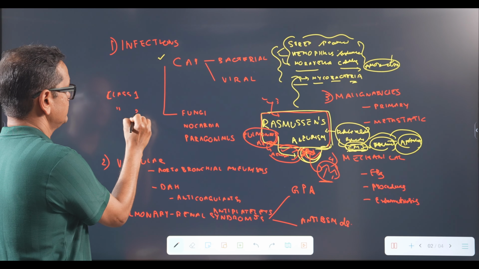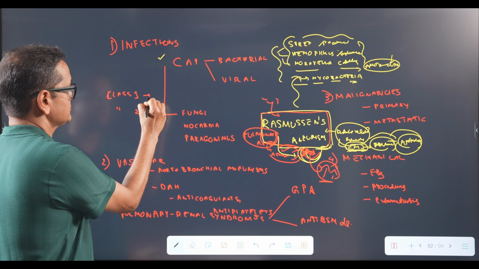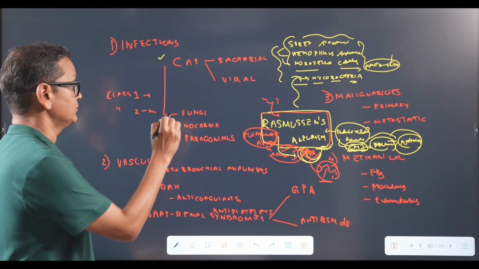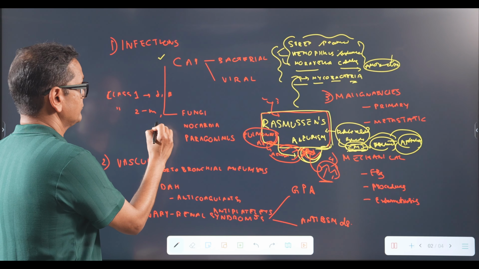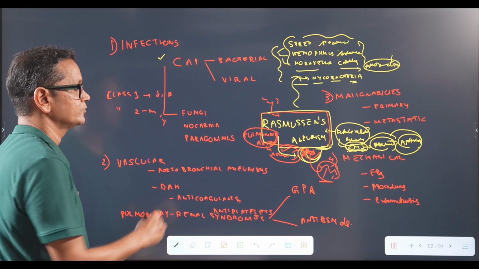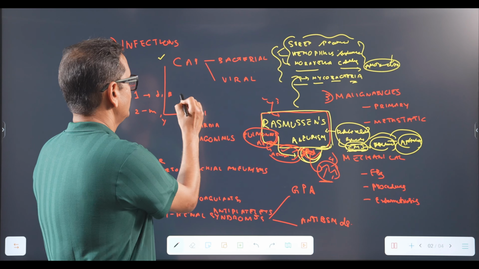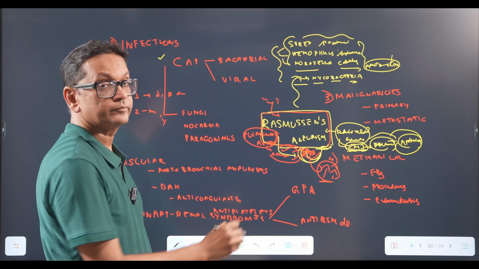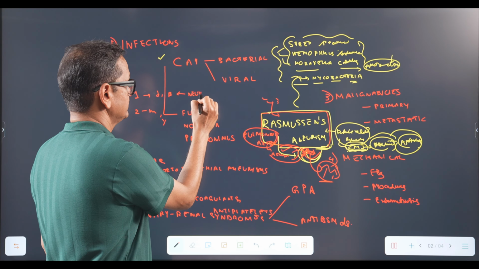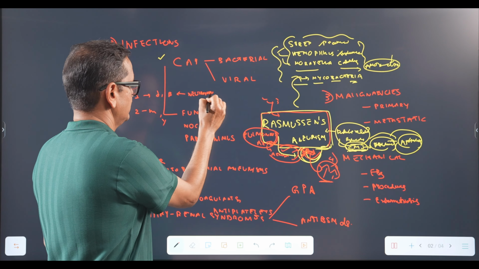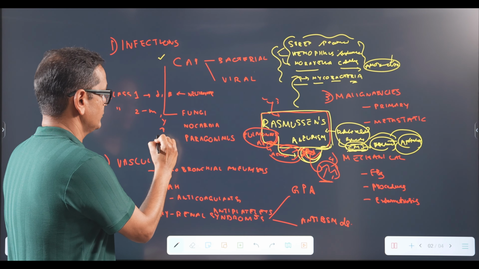Second one is class 2 interferons. Class 1 interferons already we have touched upon, alpha and beta. Type 2 interferons are gamma. Whereas alpha, beta are by neutrophils, gamma is from macrophages.